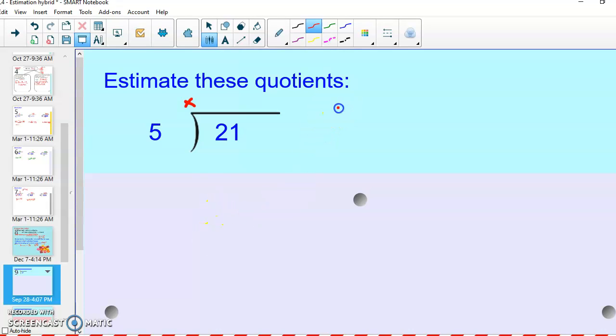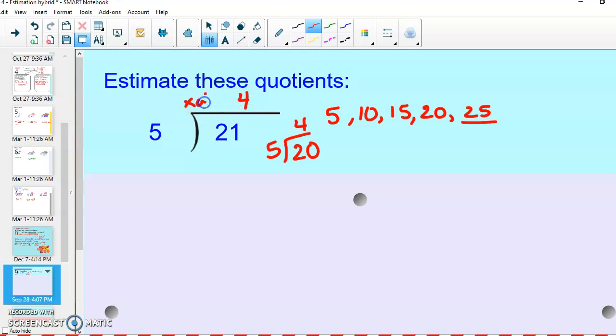So if I count by 5s, I would go 5, 10, 15, 20. That's super close. 25 is too big. So I would say that this one would be more like 20 divided by 5 would equal 4. So my estimate would be about 4.